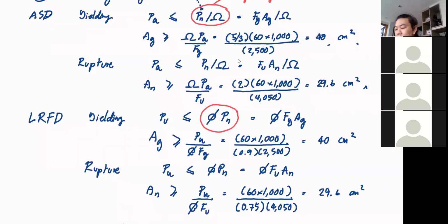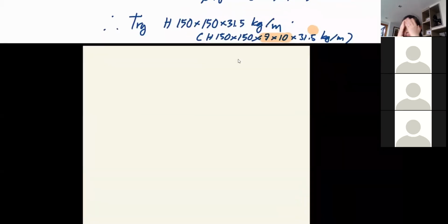So it would be really nice, after you have picked your section, to say, okay, I am going to do step number 3, which is to finally calculate the tensile strength of my member.